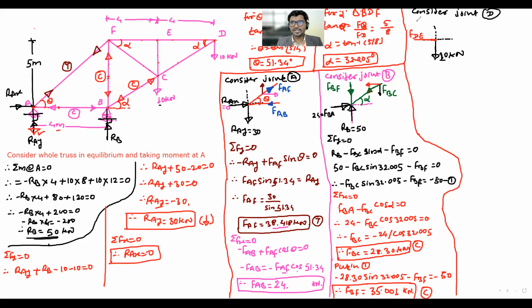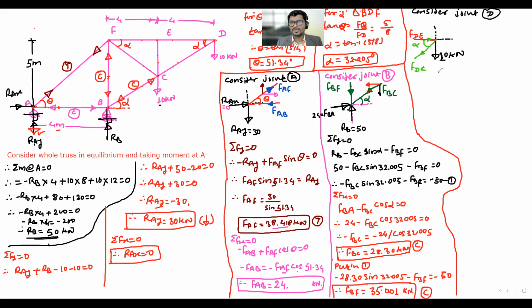Then the other member is inclined. It looks like it is in the third quadrant. What will be the name? DC. Yes, DC. Probable direction for DC? Downward. Okay, let it be downward. Then probable direction for DE? Right side. Probably we are assuming it is towards the right hand side. Angle is alpha. Right? Done up to this.